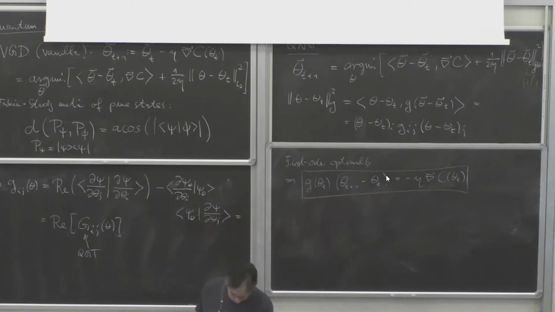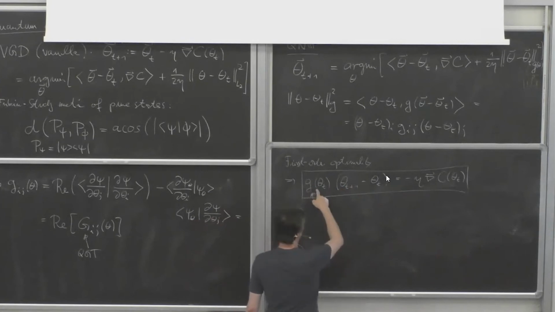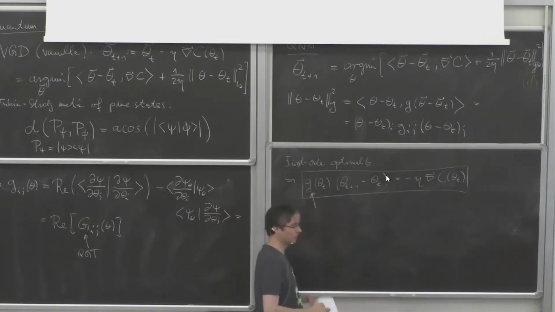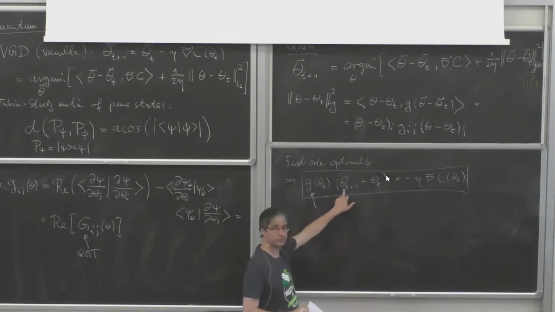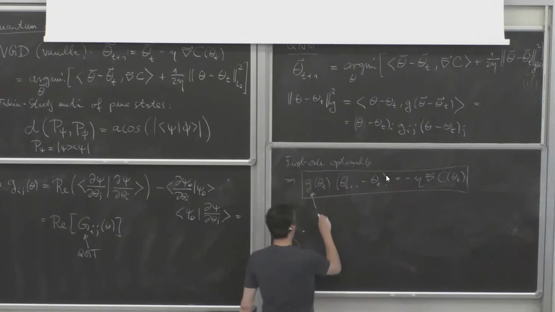There's one problem with this, which is that this may be ill-conditioned, and it's typically ill-conditioned. So you can also think I need to put it as an inverse over here because I'm interested in solving for theta t plus 1. Numerically, it's better to solve this linear equation, but it can still give you some problems. So sometimes one regularizes this.